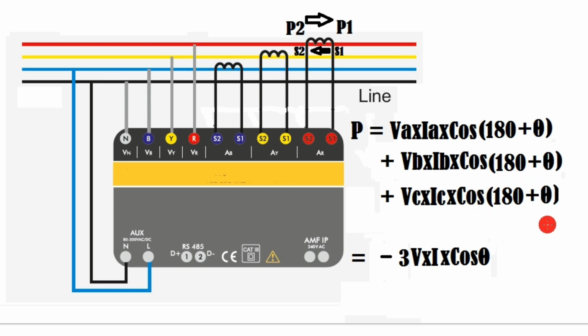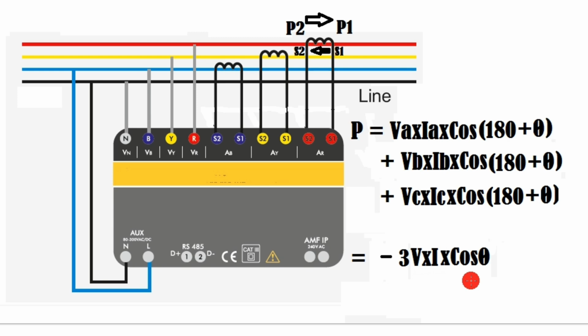Since cosine of 180 plus theta is equal to minus cos theta, and since it is a three-phase balanced system, VA is equal to VB is equal to VC is equal to V, and IA is equal to IB is equal to IC is equal to I. So all the three-phase currents are the same, and all the three-phase voltages are the same for a balanced system. So total power comes as minus 3 into V into I cos theta.